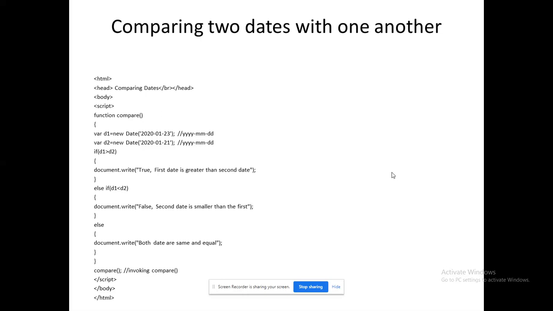That comparison can be done very easily using relational operators pertaining to the date object. Please remember, in the date object, if we want to compare two dates, I have to create two objects. The two objects can be compared using a relational operator. That's enough. That could be the major thing.